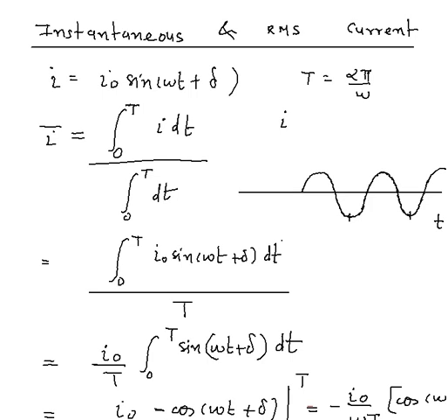There is another way to understand why the average current becomes 0 for a long period of time. Suppose this is not just capital T, it is some other time but which is massive. So what will happen if you put that T here?